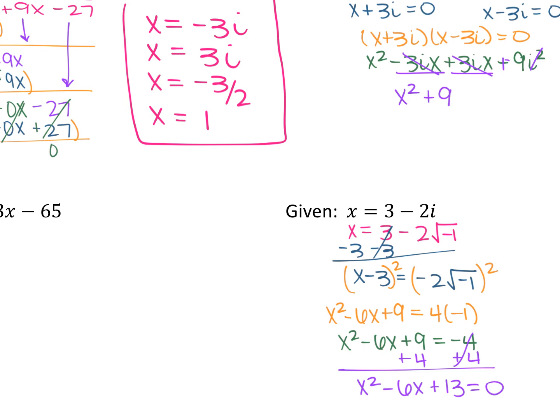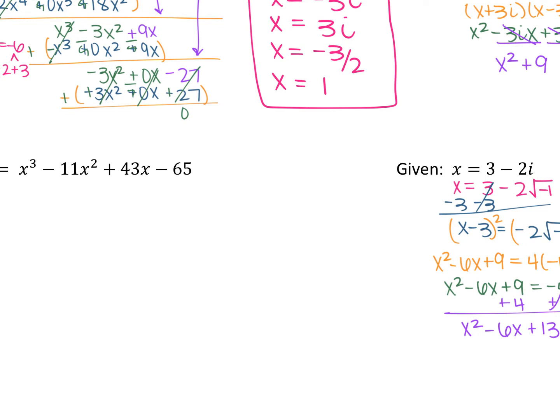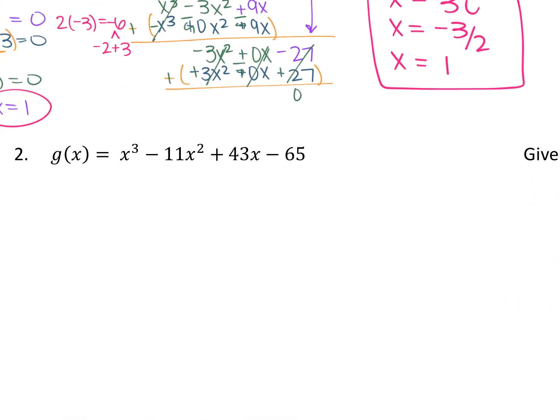That is what you are going to use in order to do your long division with that g of x polynomial. So you're going to put the x squared minus 6x plus 13 on the outside.